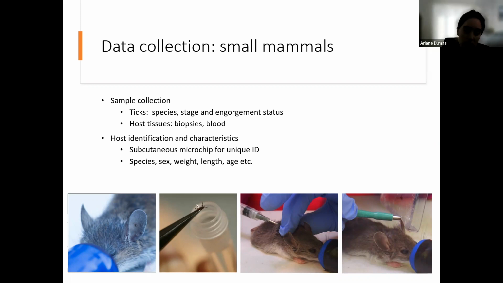And if you recapture an animal, you will scan it and see who it is. In the last picture, you see the sampling of an ear skin biopsy. You can use those biopsies to perform a PCR test and detect any pathogen you may be interested in.